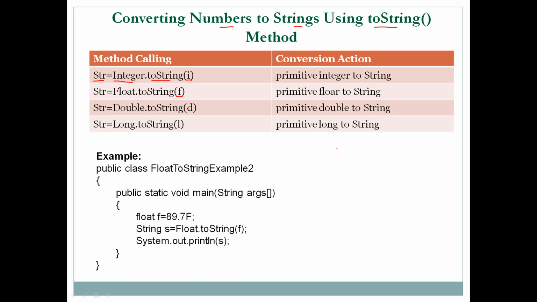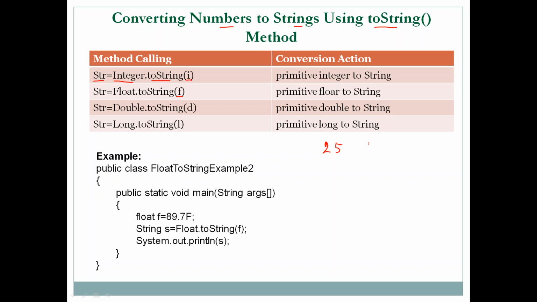Suppose I have a value, say 25, and if I want to convert this 25 to string representation, then I can use the method Integer.toString. I may pass 25 in place of i, and that will give me the string representation of 25.